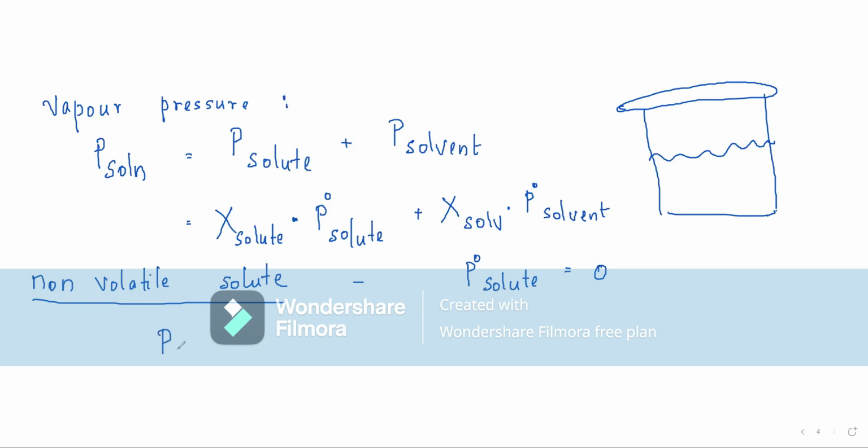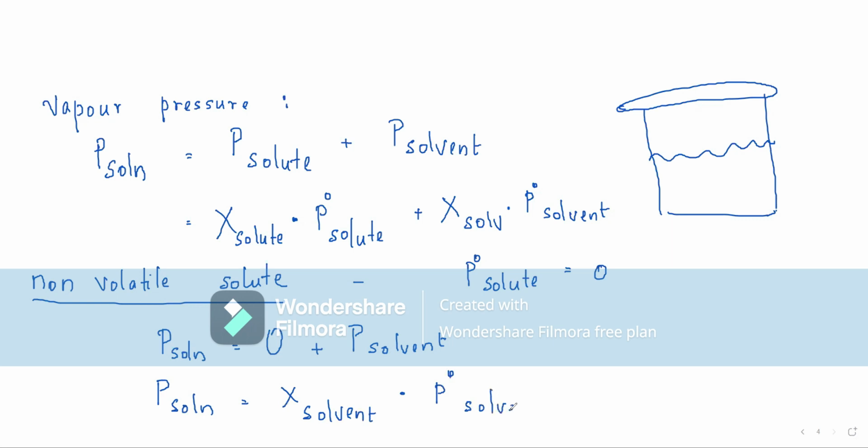So pressure due to solution becomes equal to pressure due to solute, which is 0, plus pressure due to the solvent. Now P of solution is equal to P of solvent, which is X of solvent into P naught of solvent.